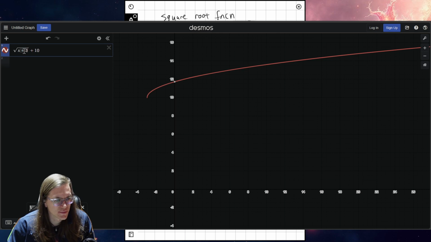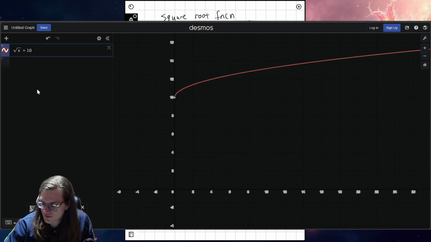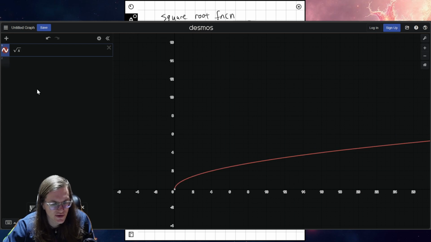And then this plus 3, as I've discussed in previous videos, when you add 3 to the input or the x, it's going to shift to the left 3. And if you subtract 3 from the input x, it's going to shift to the right 3. So this is a very useful tool for just familiarizing yourself with different functions.